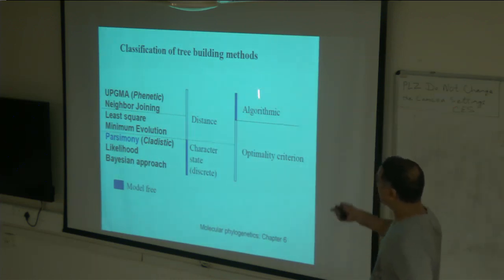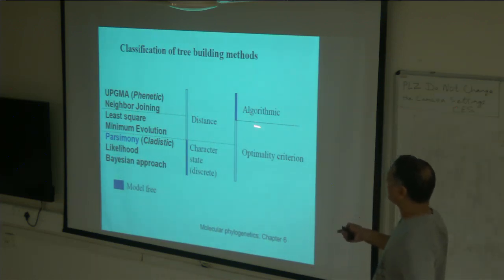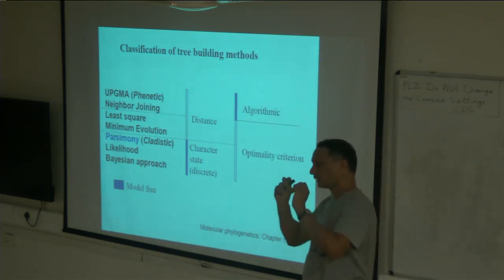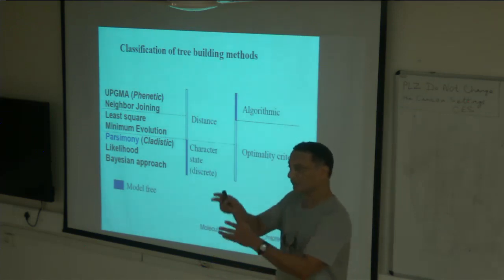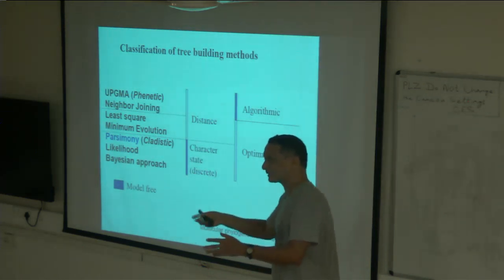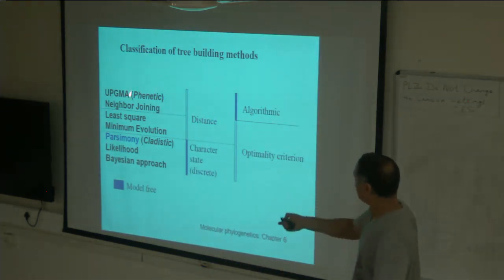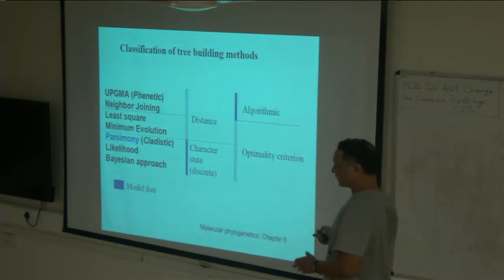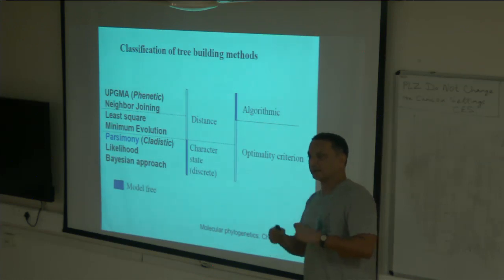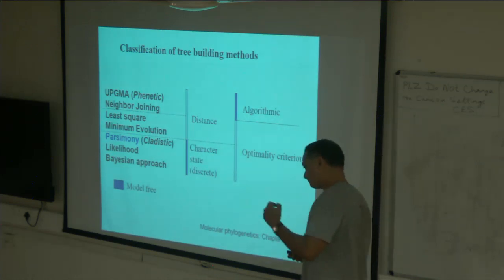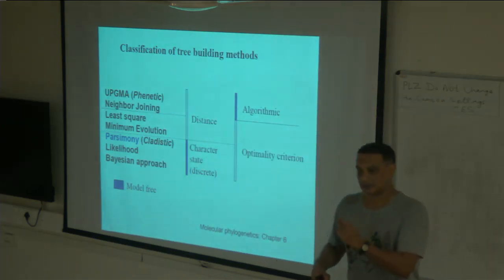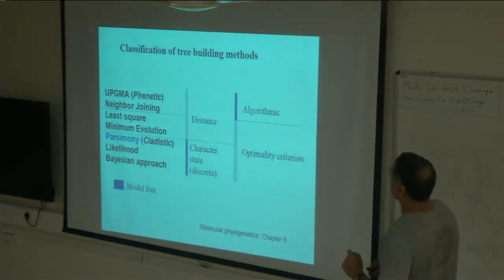The other way to classify them is methods that use an algorithm and give you a tree, but do not evaluate all possible trees. So that would be UPGMA and neighbor joining. And the ones that use an optimality criteria, and these ones actually try to evaluate all possible trees, okay?